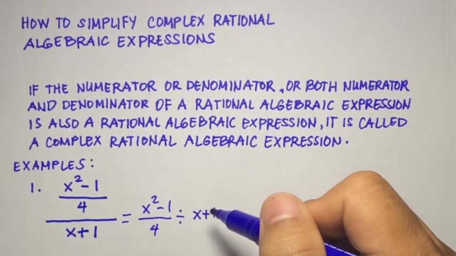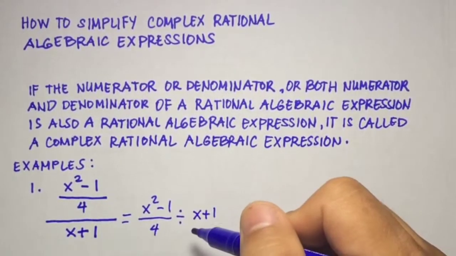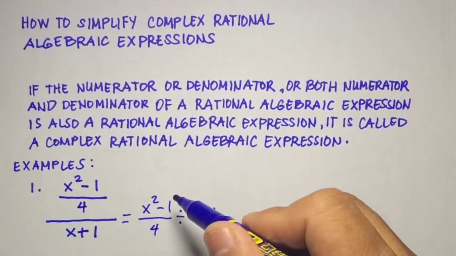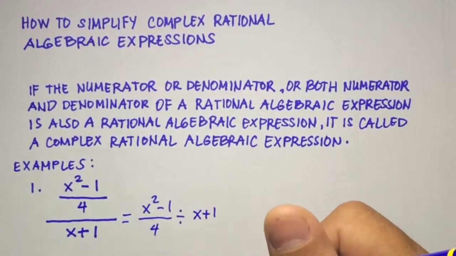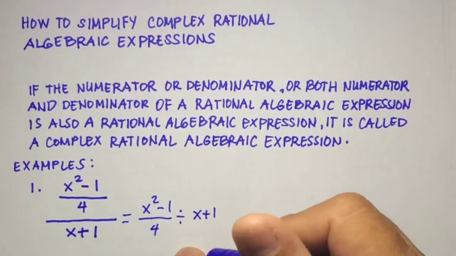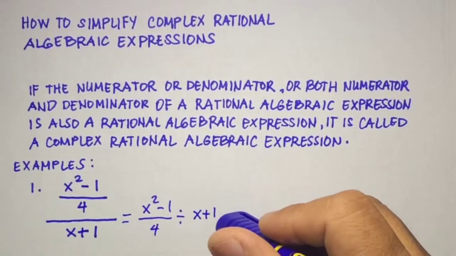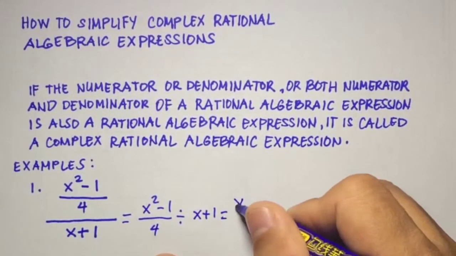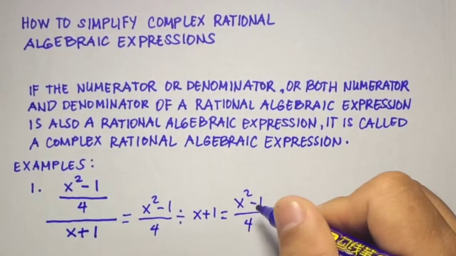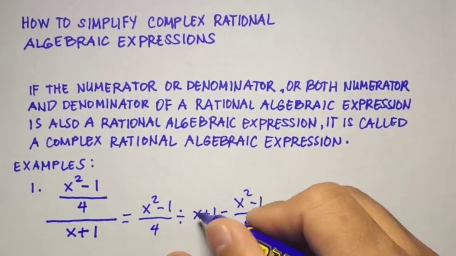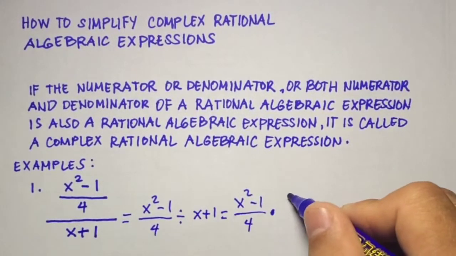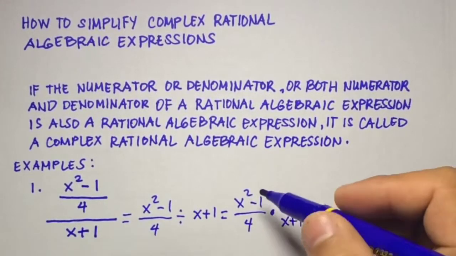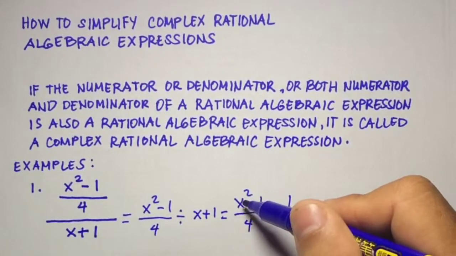Next, we're going to apply the rules in dividing fractions. In dividing fractions, we proceed to multiplication, and we use the reciprocal of the divisor. So we have (x squared minus 1) over 4, then multiplication, then the reciprocal of x plus 1 is 1 over x plus 1. Here we have x squared minus 1, so we can factor this.